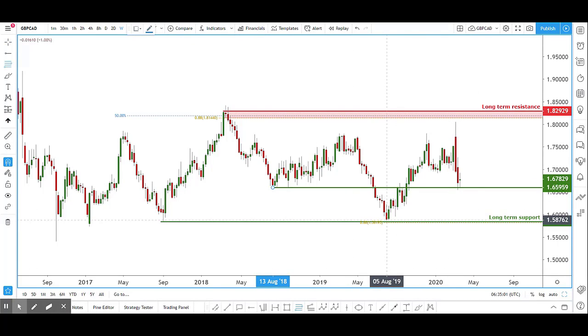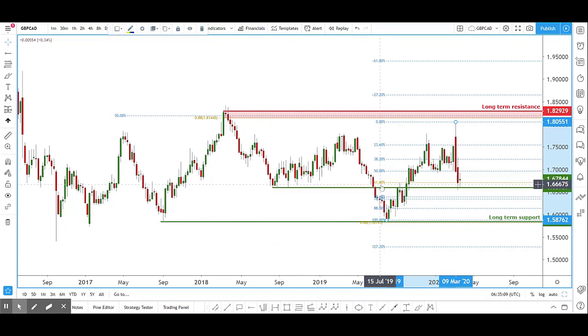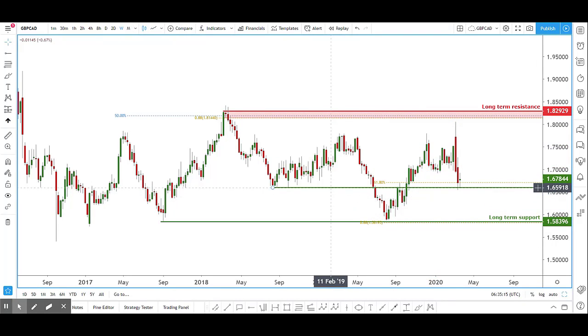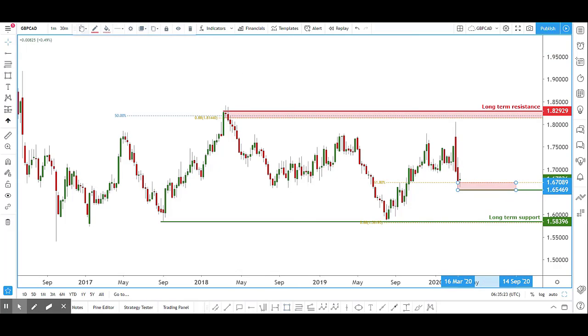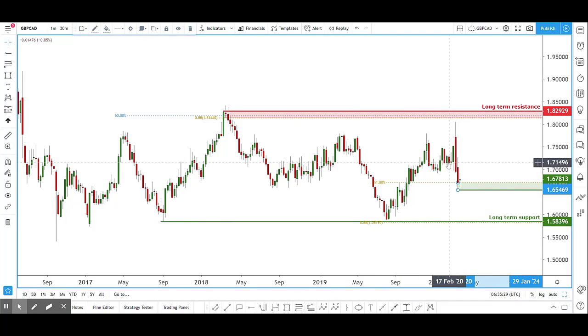So I take a retracement from this swing low all the way to the high, and I pull out all the ratios. We see that it falls quite closely to the 61.8. So let me just highlight this level, and I'll adjust it and realize that it's actually a zone. Okay, so we have this zone here.